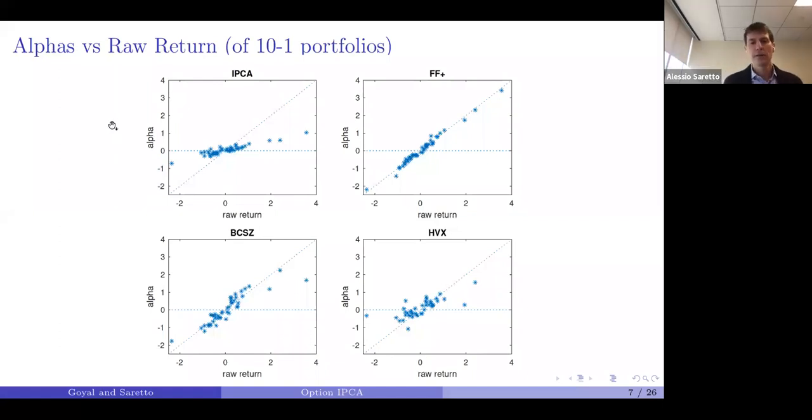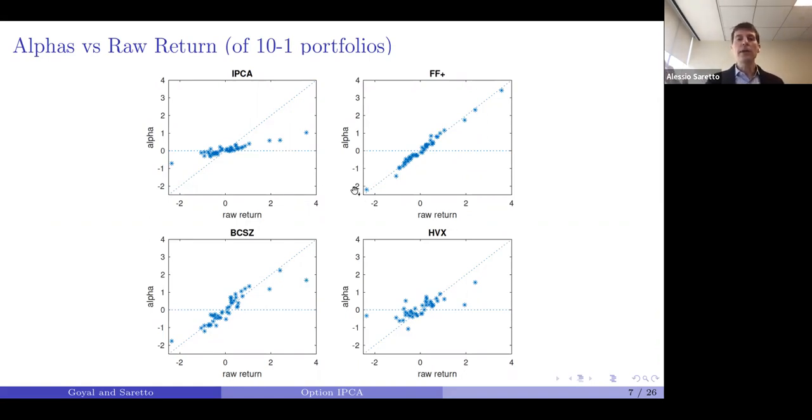If the dots line up with the 45-degree line, the model is not good. That's Fama-French plus. People are used to this, they've known this for a long time. If the dots line up with the horizontal, the zero line, then the model is doing very good.